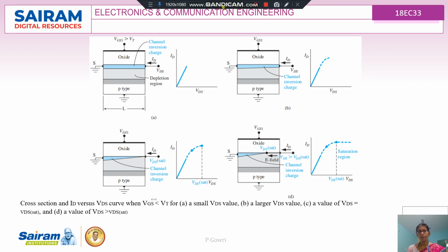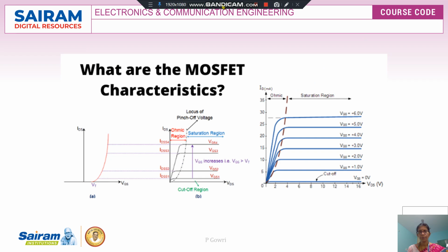So based upon the applied drain voltage, the channel gets modulated, and hence so does the current flowing through the device. When I take the characteristics of the MOSFET, we can see that the applied VGS, when it is greater than VT, results in a variation in the current in the MOSFET.